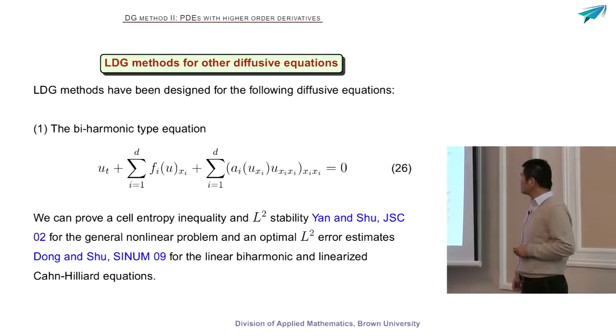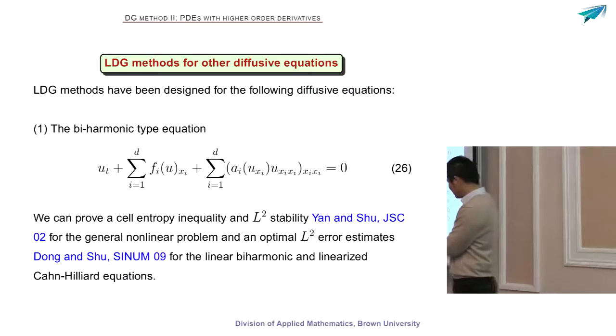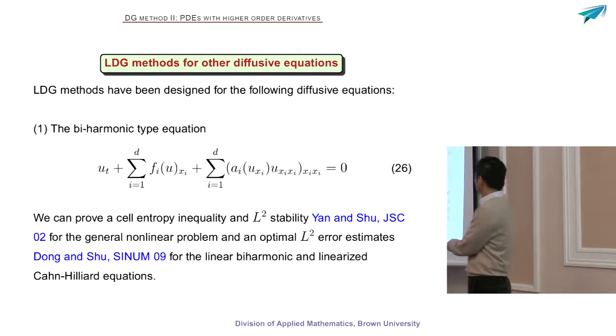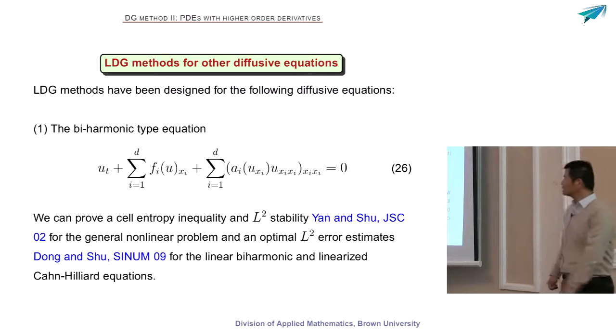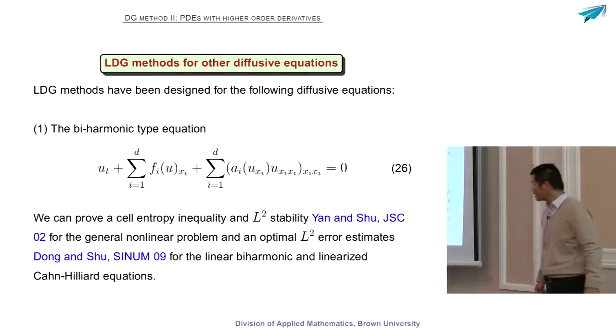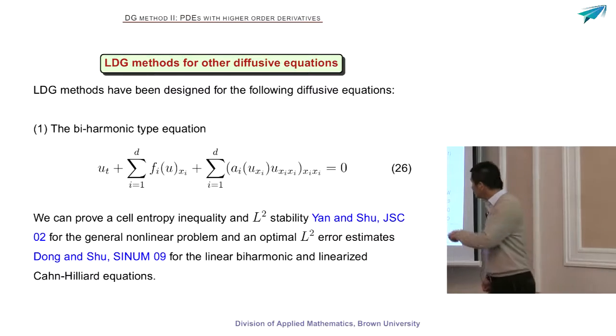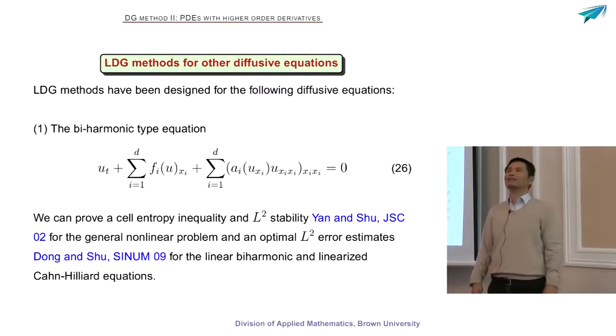You can design LDG schemes for this one. It was done in this paper, with error estimates given in this paper, SIAM Journal on Numerical Analysis, 2009. Actually, these even order PDEs are very friendly to analysis.